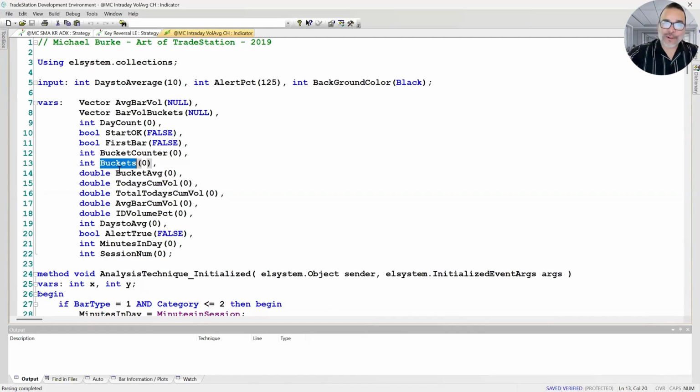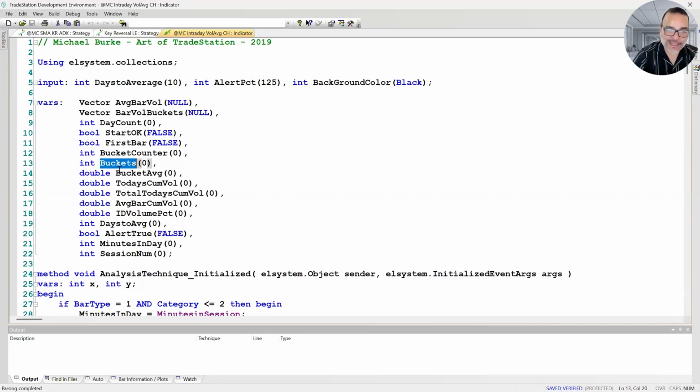It takes all these 9:35 a.m. buckets and creates an average. That's how you know how the 9:35 volume right now compares to the 9:35 volume of days prior. Well, that's exactly what this indicator is doing.